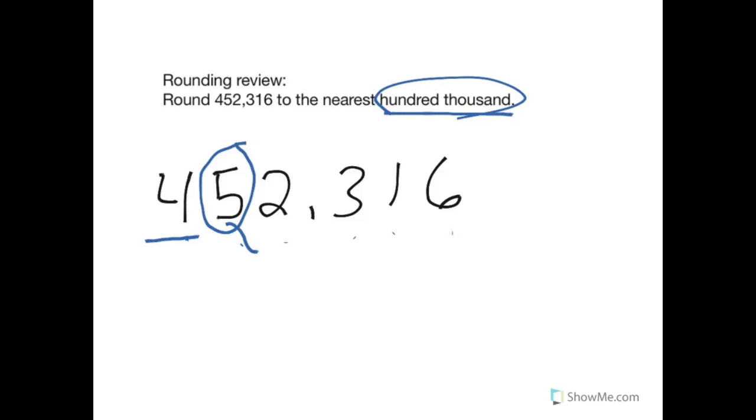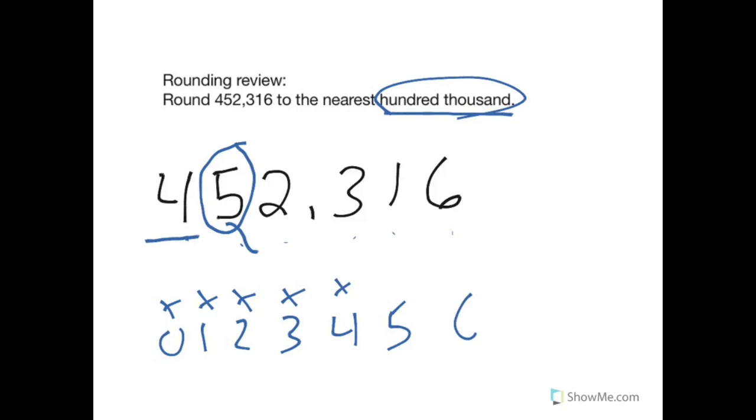If it is 1, 2, 3, 4, or 0, I'm going to put an X over all of those because the number stays the same. If it is 5, 6, 7, 8, or 9, I'm going to use an arrow because the number that we're looking at, the underlined number, goes up.